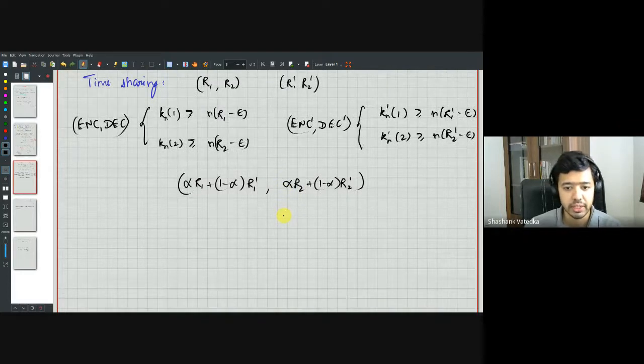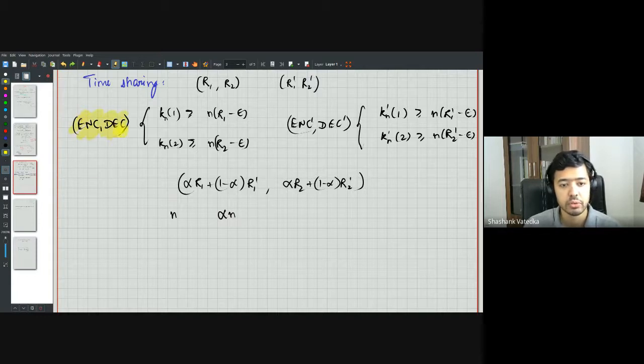The basic idea is the following. You have n channel uses. I'll split the n channel uses into two parts. In the first alpha n channel uses, I'll use this encoder-decoder pair.